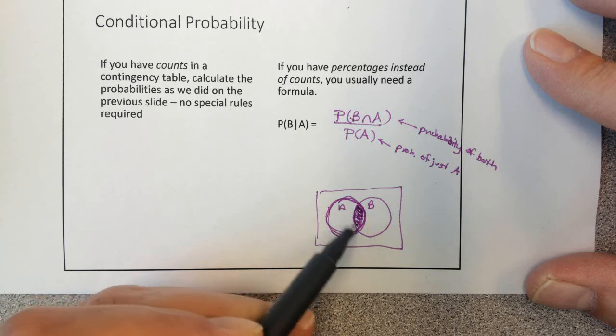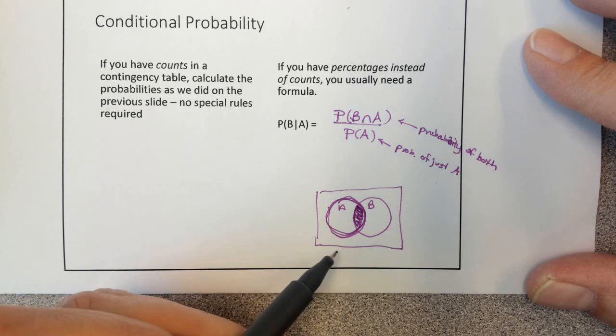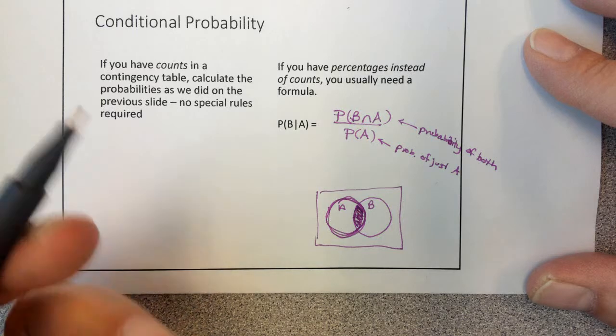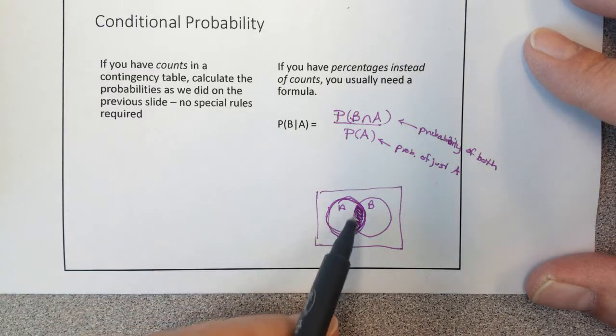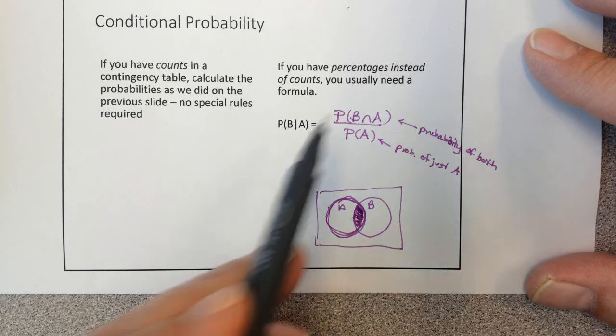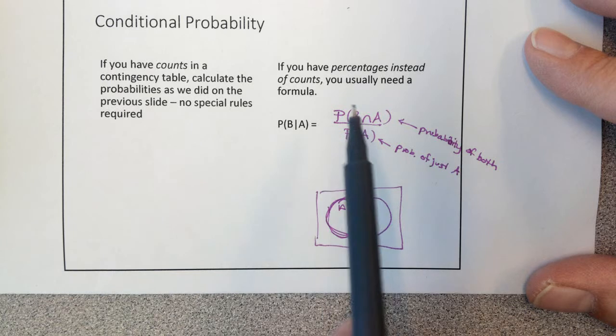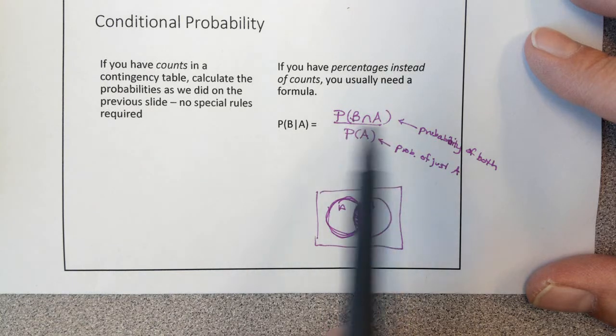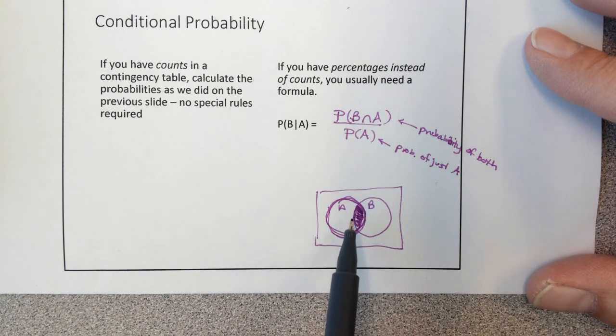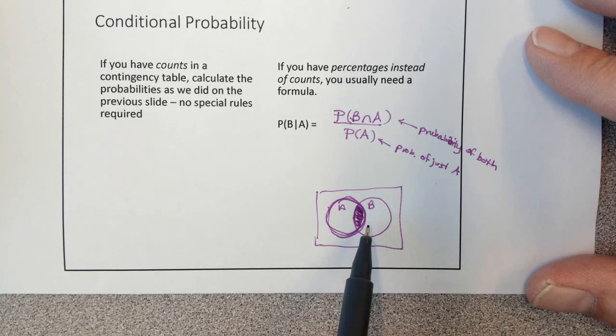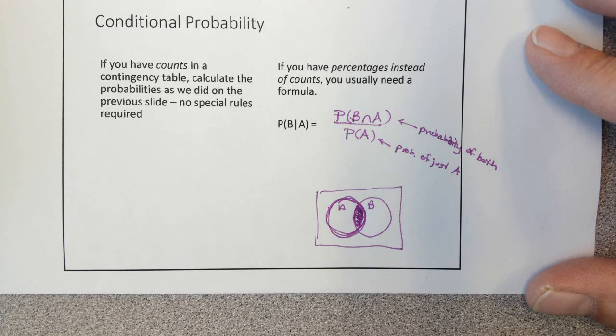So we would take everything in the whole circle and put it on the bottom, which is usually a percentage, usually in decimal form, and then the part where the overlap is a subset of circle A, and that's what's going to go on the top. So you don't necessarily need to do a computation for the top. Normally you already know the percentage that's in both, or the percentage of both happening. You already know what's in the intersection pretty much always.